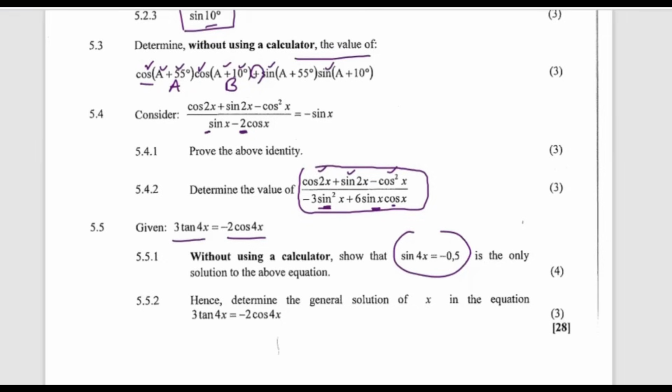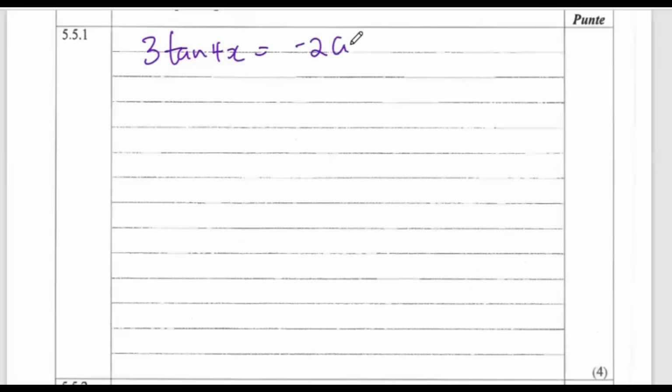So 3 tan 4x is equal to negative 2 cos 4x. Okay, I'm going to change this from that identity. Okay, I'll say 3 sine 4x over cos 4x is equal to negative 2 cos 4x.